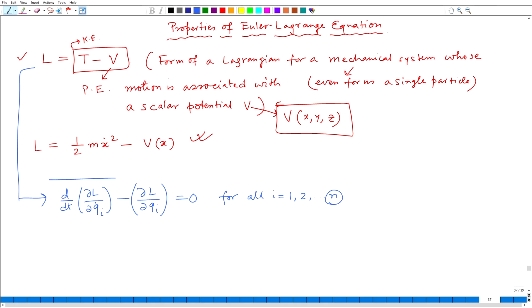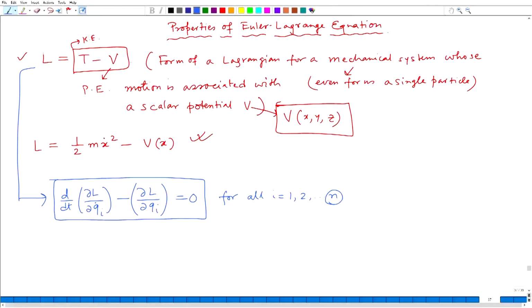This is not just one single equation, it is true for every generalized coordinate, and that is the symmetric victory of this formulation over the normal Newtonian formulation.